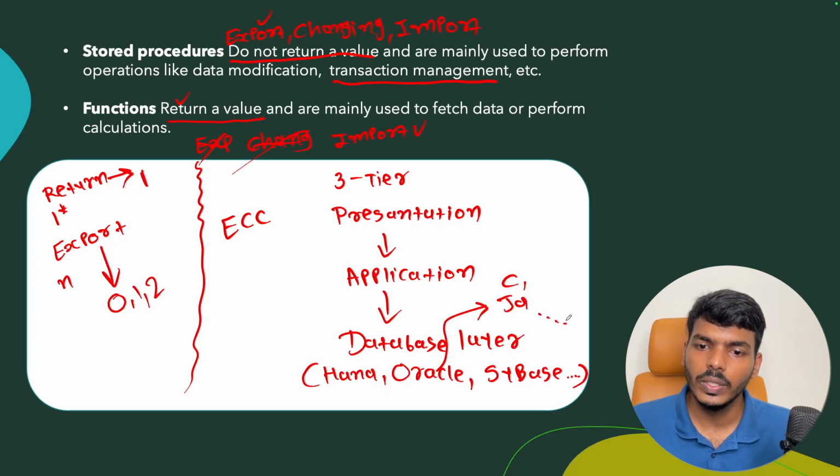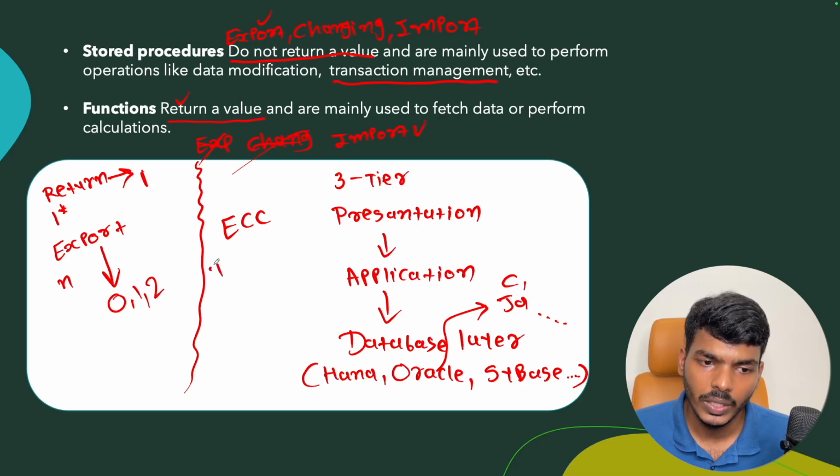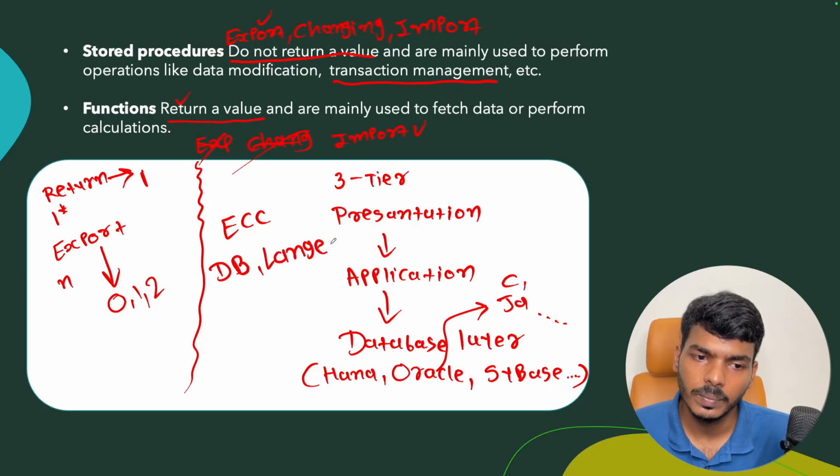So if we want to create a framework which supports every database and every language, we need two inputs. What are they? We need to provide the database and the language which we want to use with that database. So in AMDP we do the same thing. We provide the database and we provide the language.